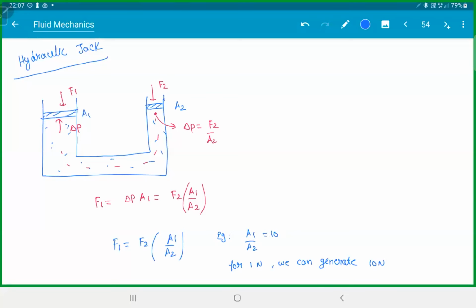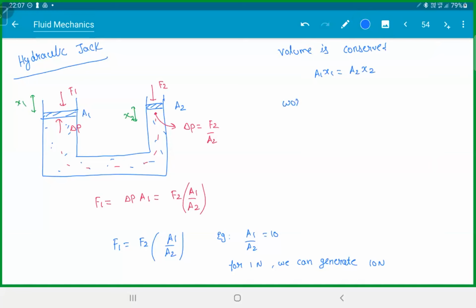But what is the catch in this? The catch in this is, if you assume this thing goes down by X1, and this thing goes down by X2, the volume is conserved. So we have A1 X1 is equal to A2 X2.